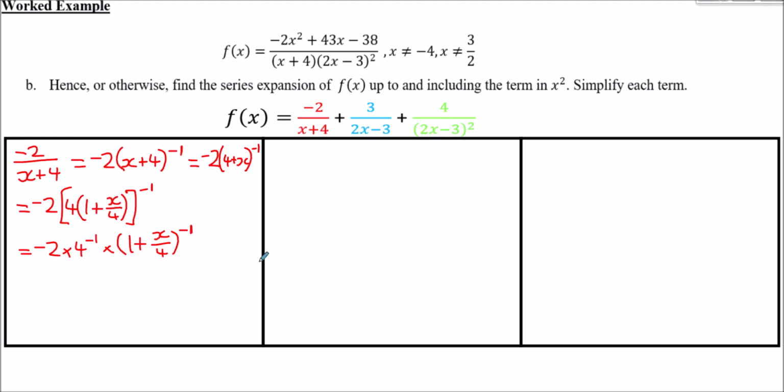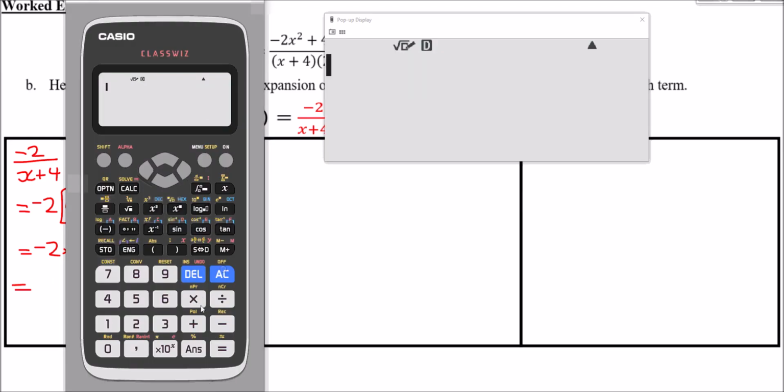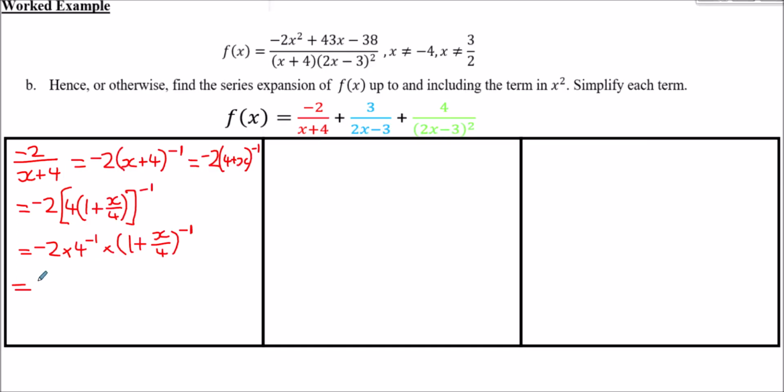So now we can set about working out what this is actually going to be. So minus 2 times 4 to the minus 1. Again, if in doubt, calculate it. So minus 2 times 4 to the power minus 1. It'll give you negative half. So we have minus a half. And we can do the binomial expansion on this now.